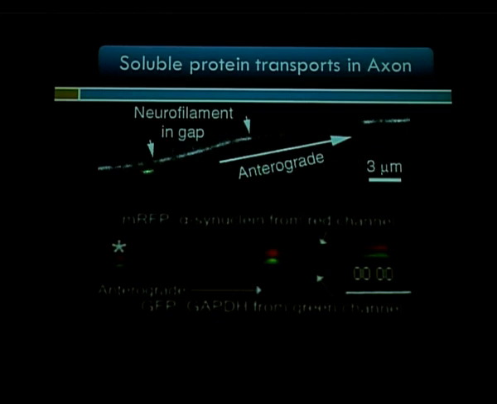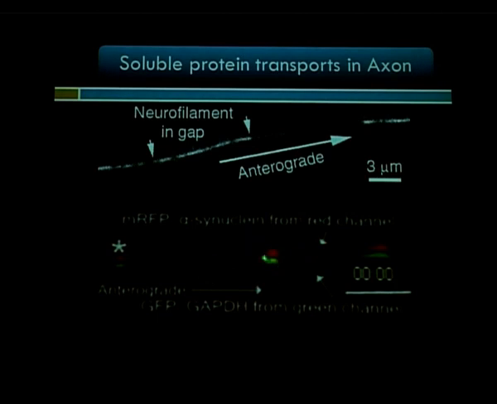But you have to imagine that in case of the other known slow component transport, the cargoes which are transported in slow component, people have shown that neurofilaments form a filamentous structure, and this filamentous structure moves persistently towards either anterograde or retrograde direction.